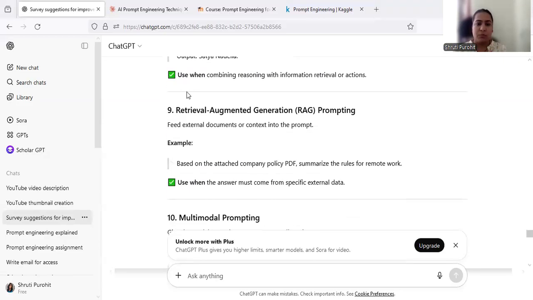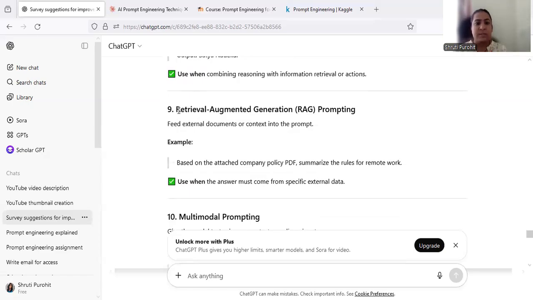Okay. Now, one more popular prompting is retrieval augmented generation. Feed external document context into the prompt. In this scenario, consider you want to do an analysis based on your employee data from the HR perspective.